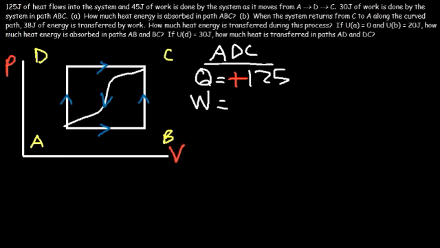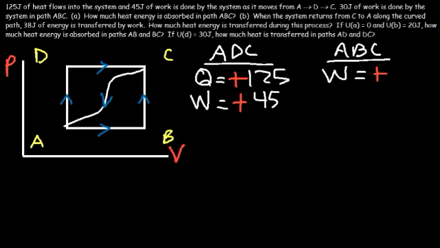Whenever the system performs work, the work done is positive. Now in path ABC, the work performed by the gas is 30 joules. How much heat energy is absorbed in path ABC?